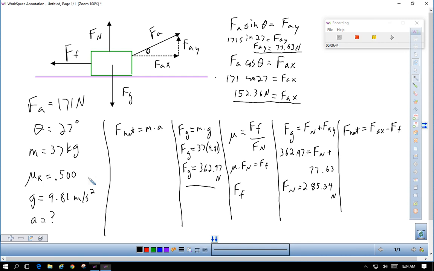So I'll take that answer, times 0.5, and get 142.67. So Ff equals 142.67 newtons.